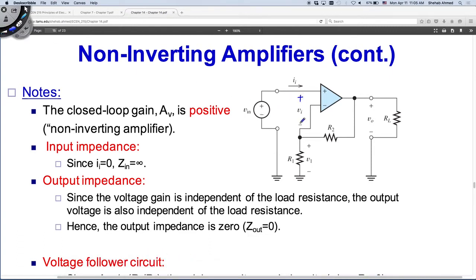This Vi is equal to 0. If this Vi is equal to 0, then I know that this is one loop here. This voltage here is going to equal this voltage plus this voltage, correct?